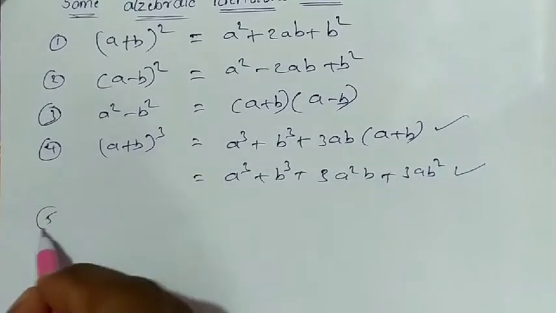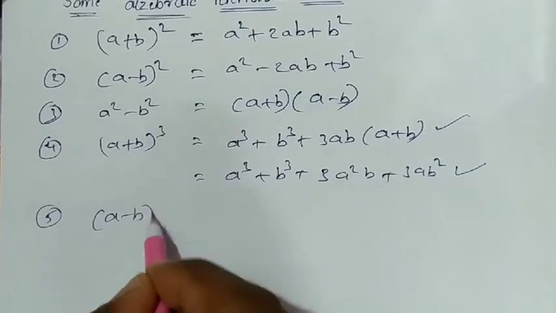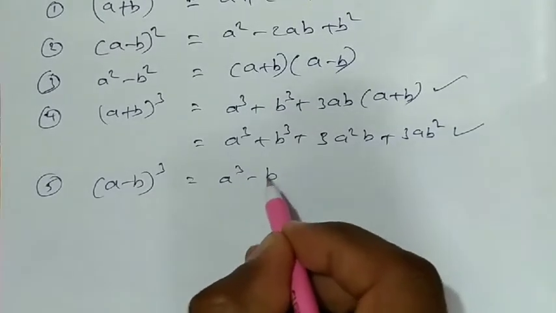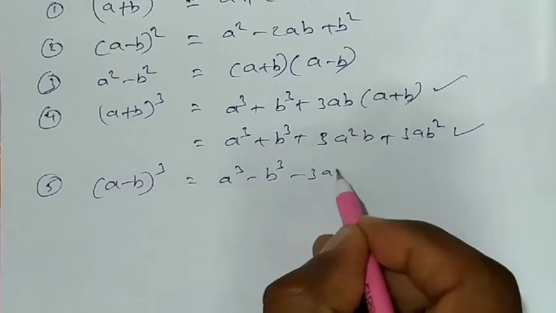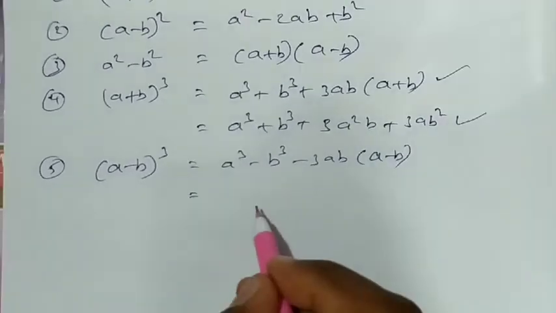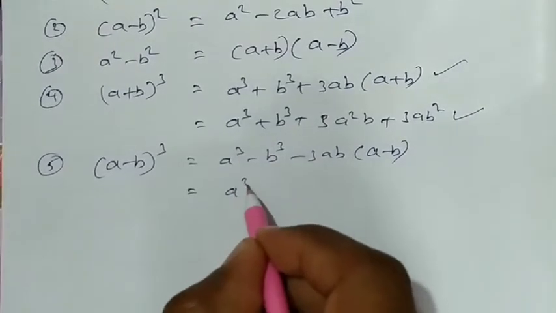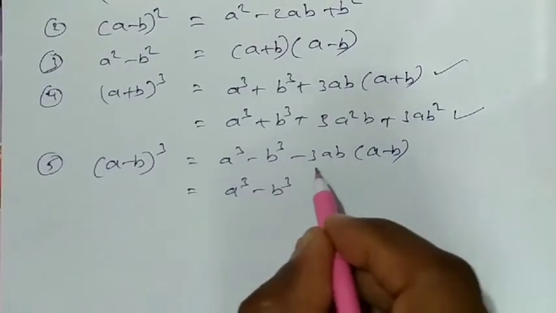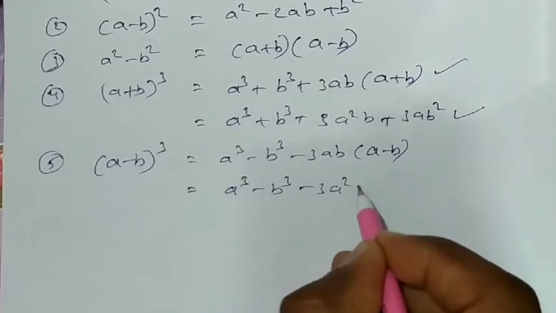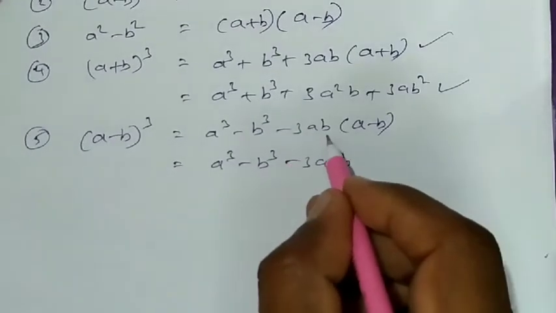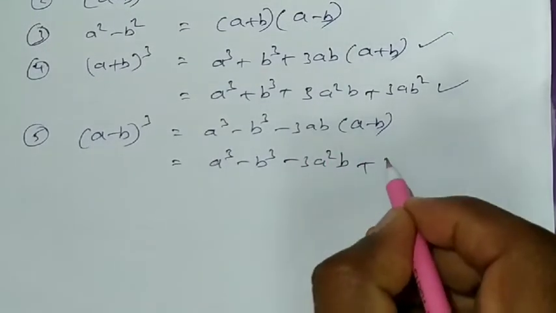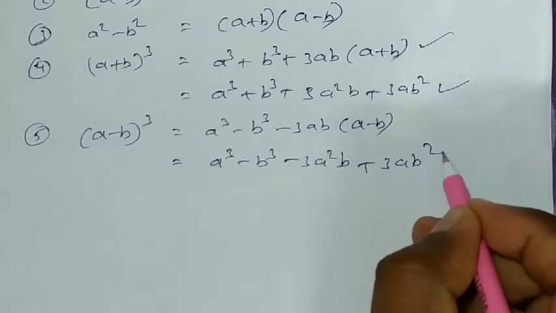The fifth one, (a minus b) whole cube is a cube minus b cube minus 3ab into (a minus b), or in other words, a cube minus b cube minus 3a square b plus 3ab square.